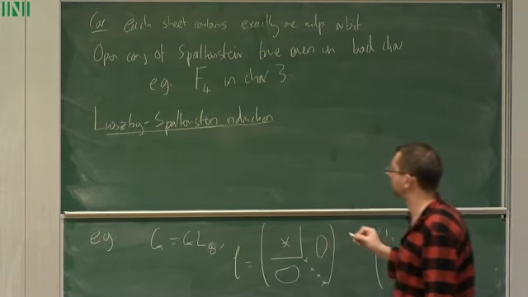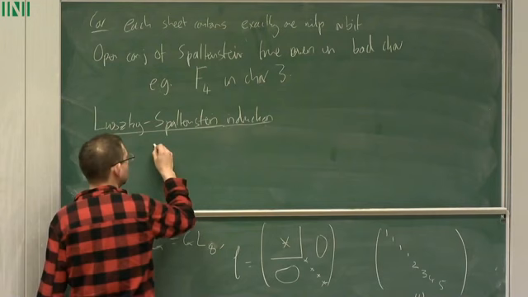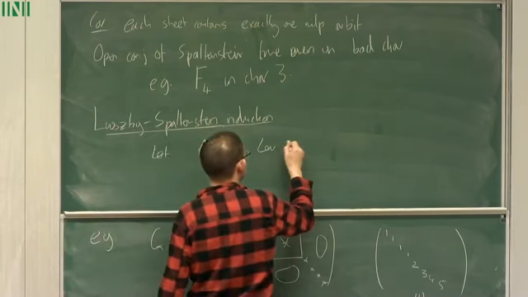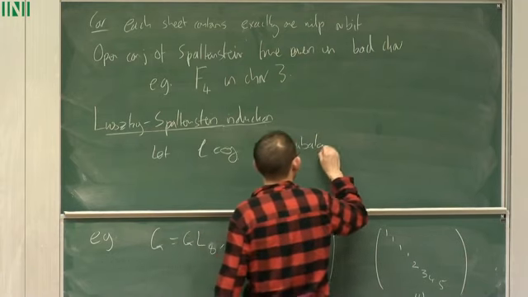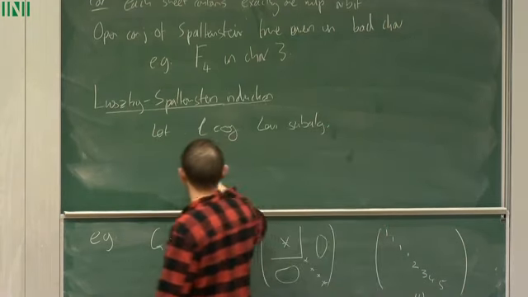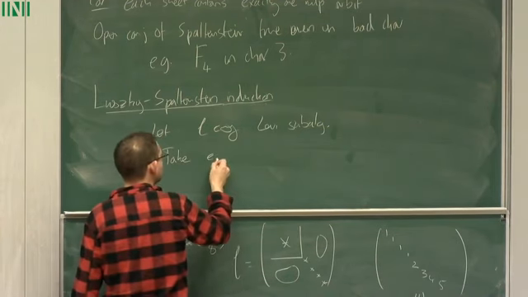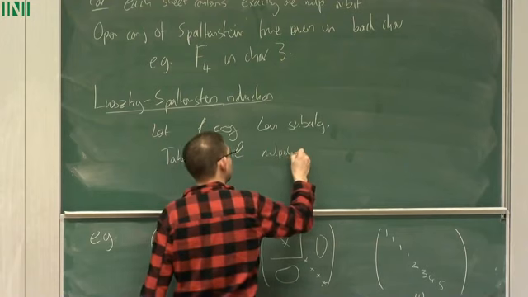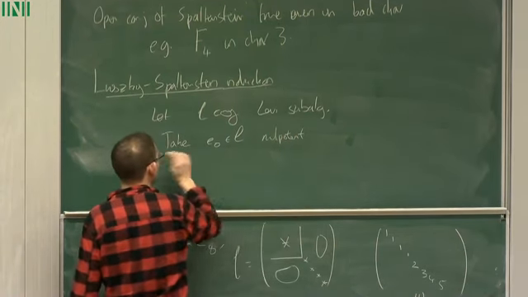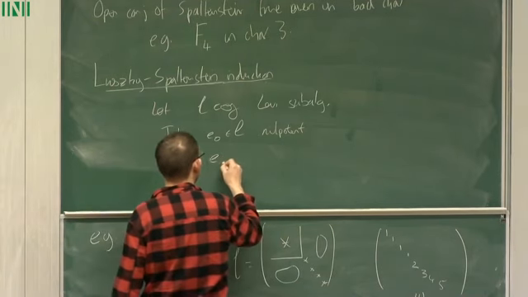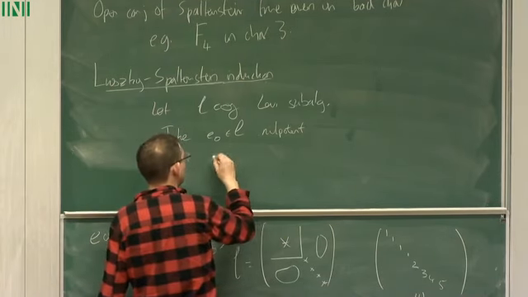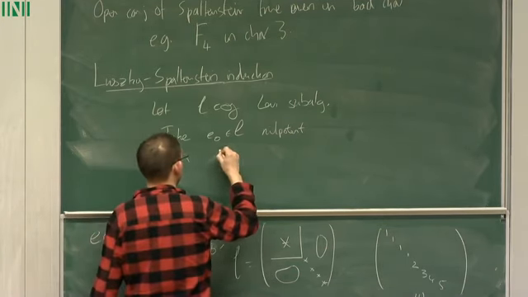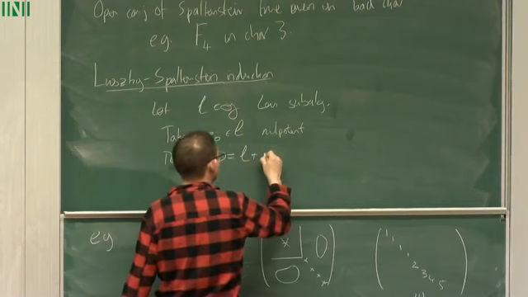So, start with a Levi subalgebra, and take E0, a nilpotent element in L. L sits within some parabolic subalgebra as before, so let's say P is L plus N plus.